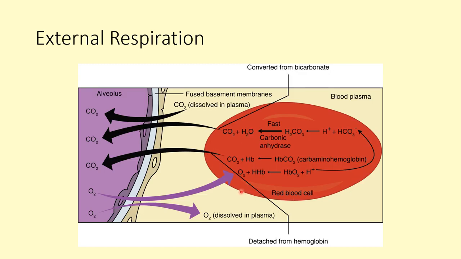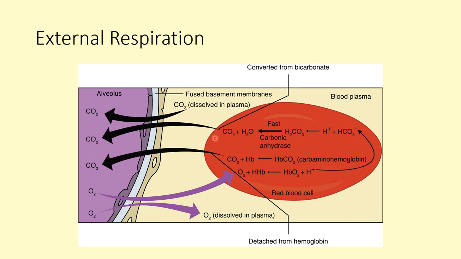Some of the CO2 is dissolved in the plasma, so it's going to flow out from the blood into the alveoli, because remember this is external, so it's at the alveoli. Some of it is bound to the hemoglobin in what we call carbaminohemoglobin, and it will detach and flow into the alveoli.